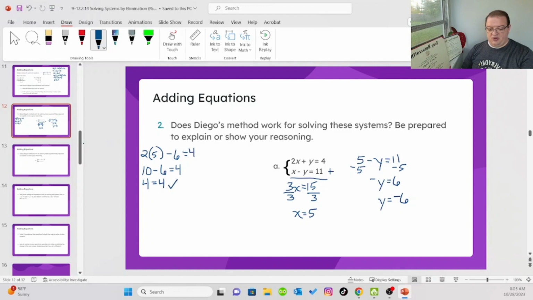So the top equation is true. Now we try the bottom equation. 5 minus negative 6 becomes 5 plus 6. And 5 plus 6 does equal 11. So Diego's method does work for this system of equations.